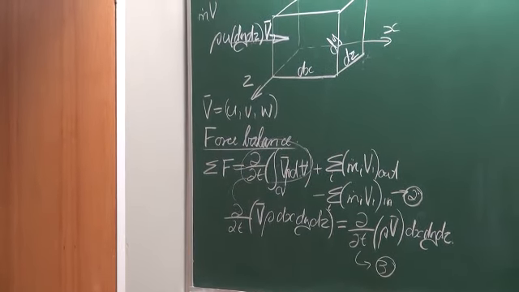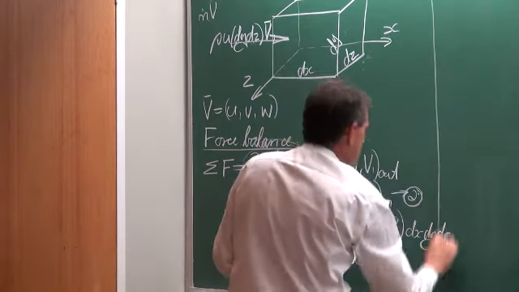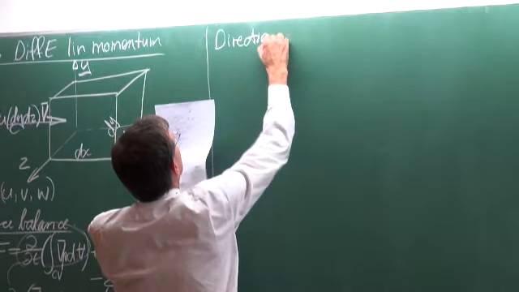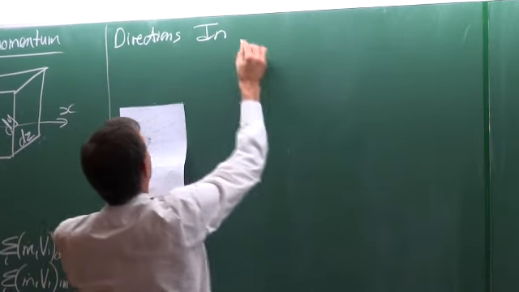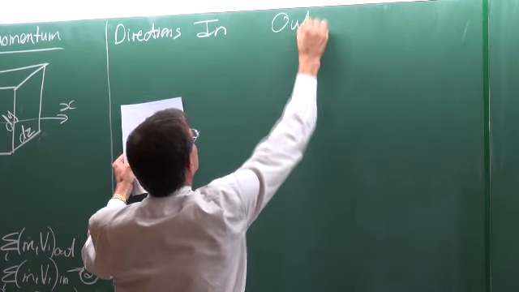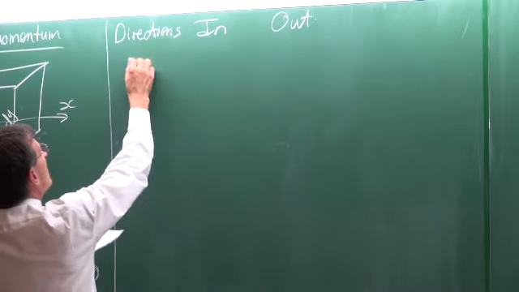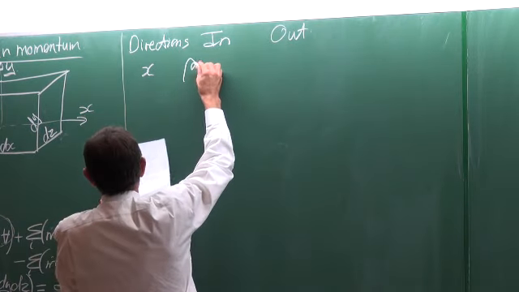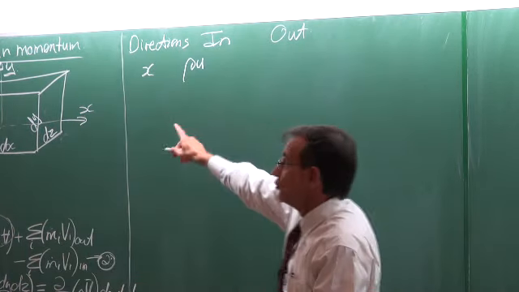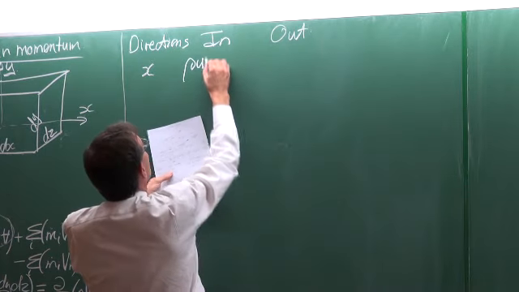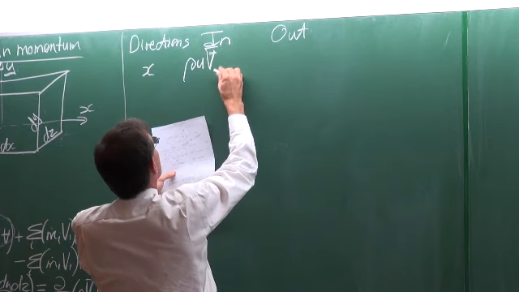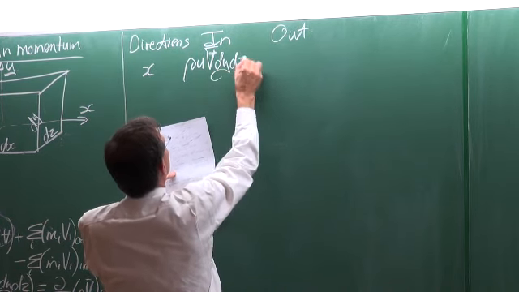Okay, just like with the continuity equation, let's see what is going in and what is coming out in the 3 different directions. Now in the x direction, we've said that the momentum flowing in would be equal to rho multiplied by u multiplied by the velocity vector V multiplied by dy dz.